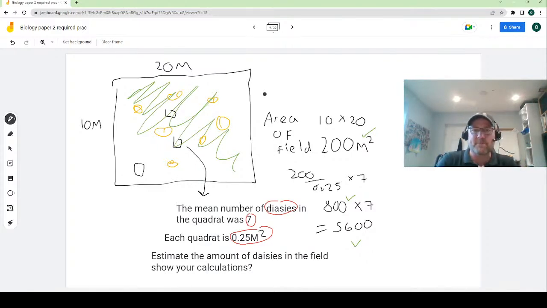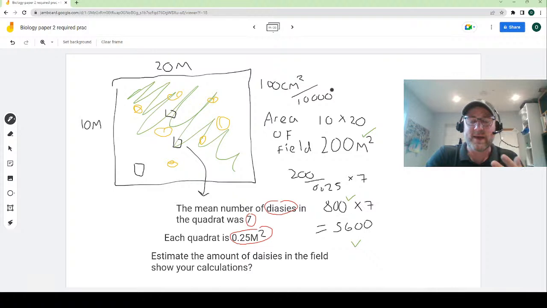So when you're converting centimeters squared to meters squared, you'll need to divide by 10,000. So if I give you 100 centimeters squared and ask what's the size of this quadrat in meters squared, you need to divide by 10,000, not divide by 100 like you normally would. So watch out for that.